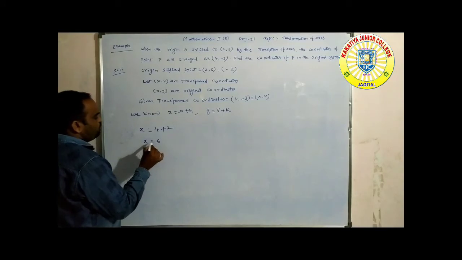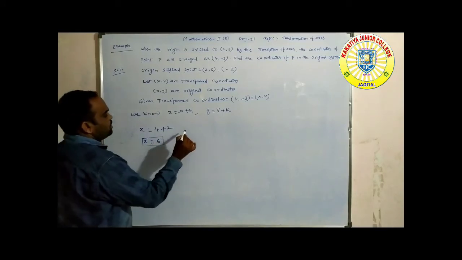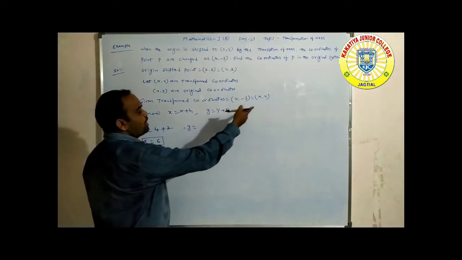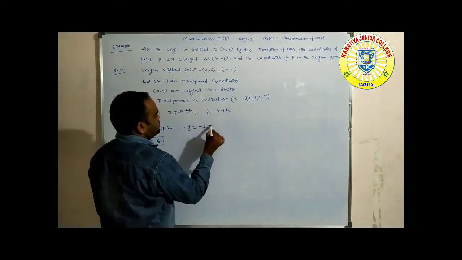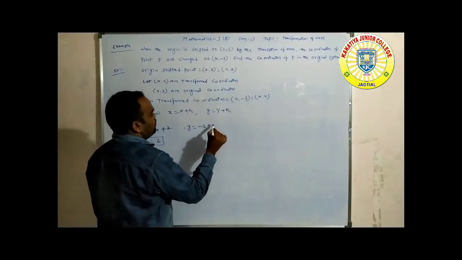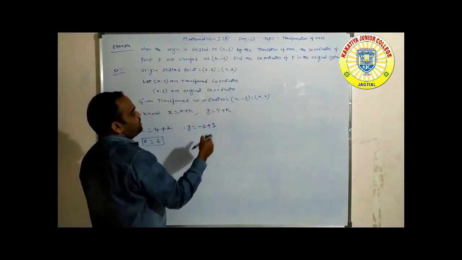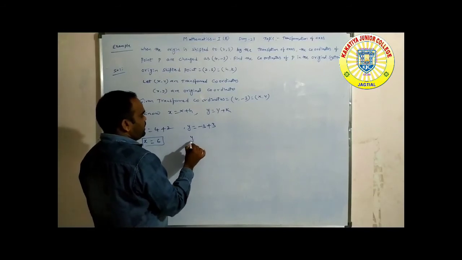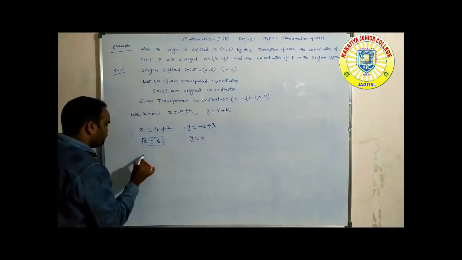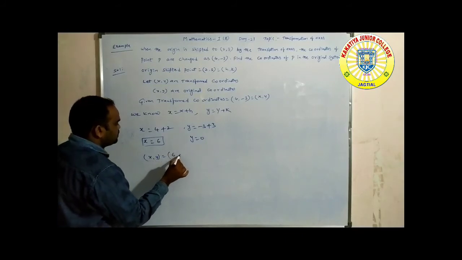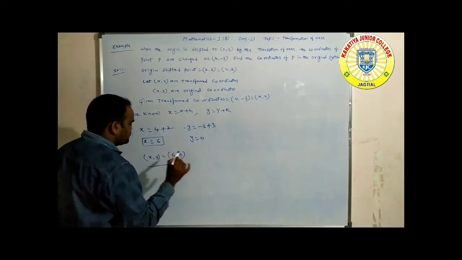Small x is equal to 4 plus 2, 6. Small y is equal to capital Y plus k. What is the capital Y? Minus 3 plus k. K is equal to 3. Minus 3 plus 3, y is equal to 0. Therefore, small x, small y is equal to (6, 0).